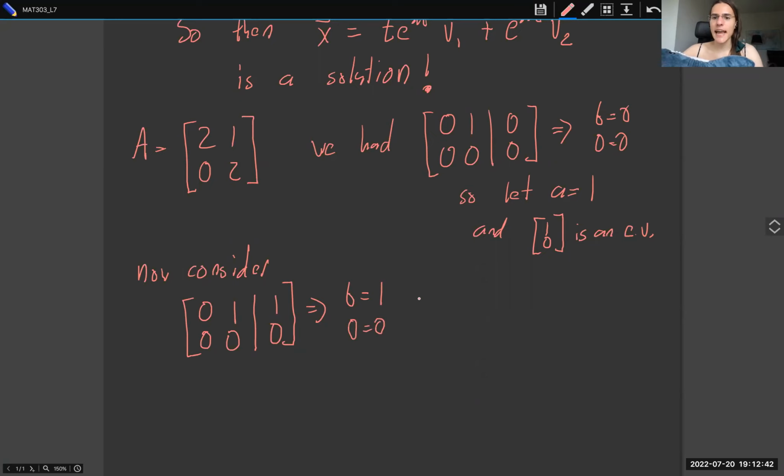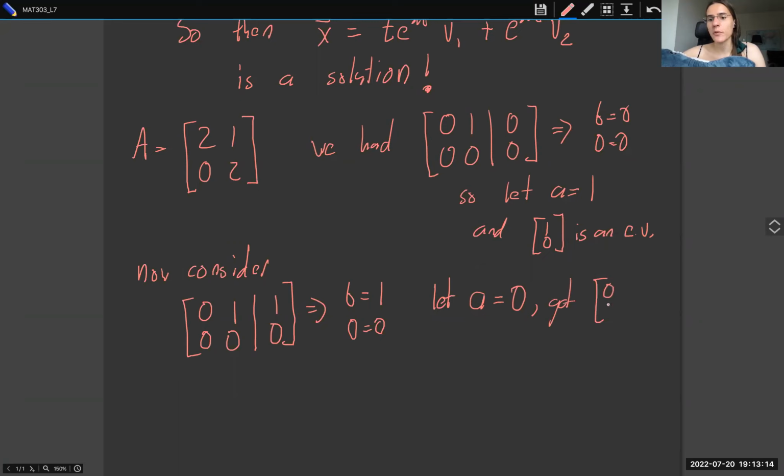And we can set A to be whatever we want. So let's make it simple. Before, we had to choose A not equal to 0, or we would have had the zero vector. But here B is 1. So what should we let A be? Zero. Yeah, 0 is the best choice because it just leads to fewer terms. So let A equal 0.